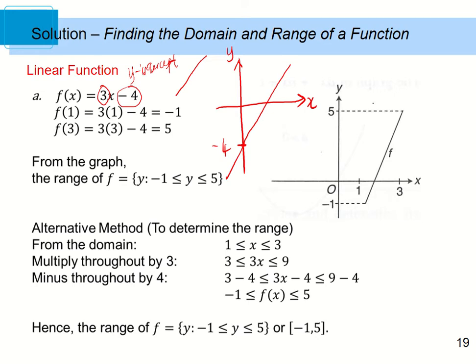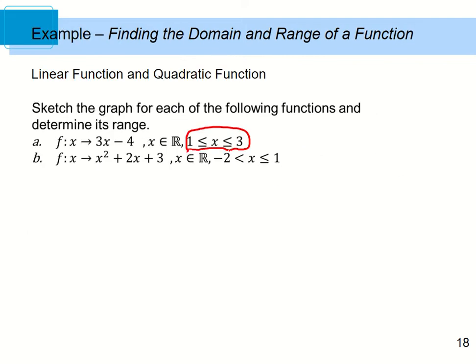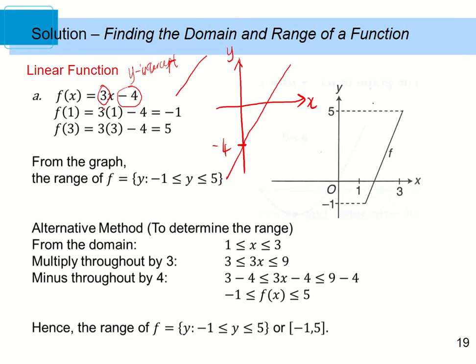However, since the domain is given, x is from 1 to 3 inclusive. Therefore, we take the domain and substitute it to find the range of y. When x is 1, we substitute and get y is -1.